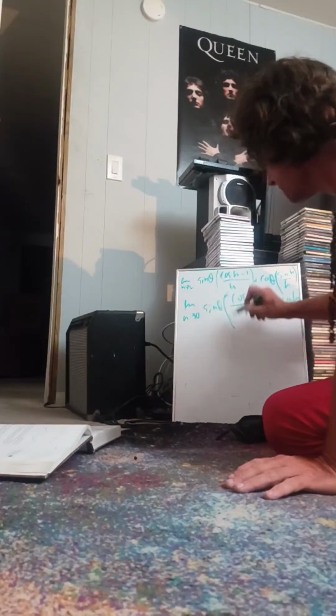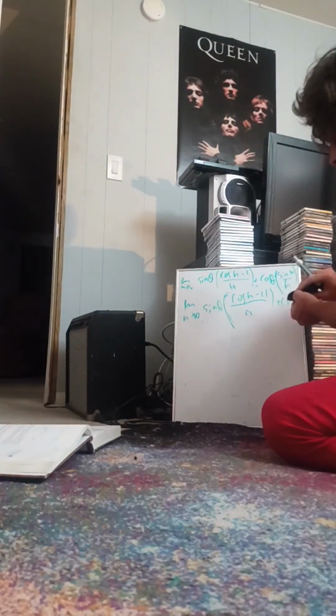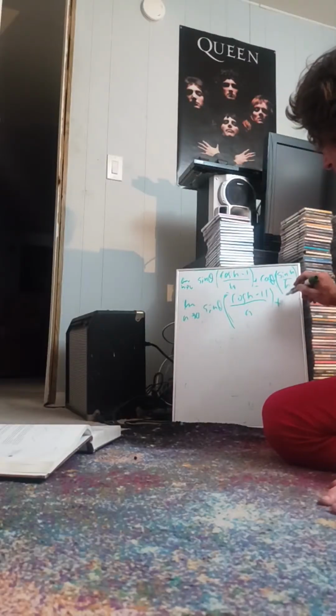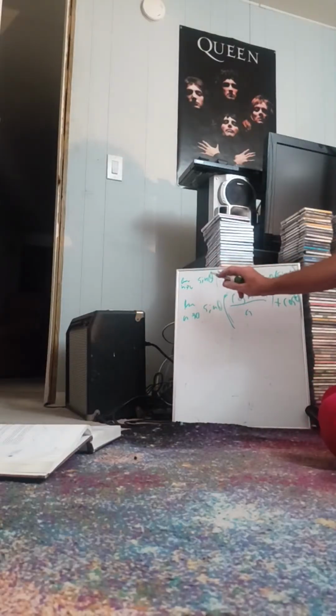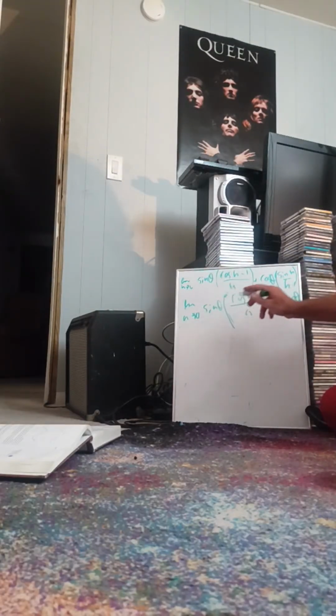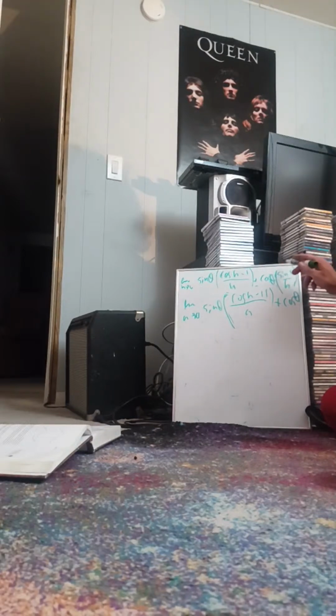Sine theta times this plus cosine theta times the sine h over h, which then makes this cosine theta, as h approaches 0. So it's sine theta times that plus cosine theta times what I just showed to be 1. Sine h over h, limit as h approaches 0, is 1.